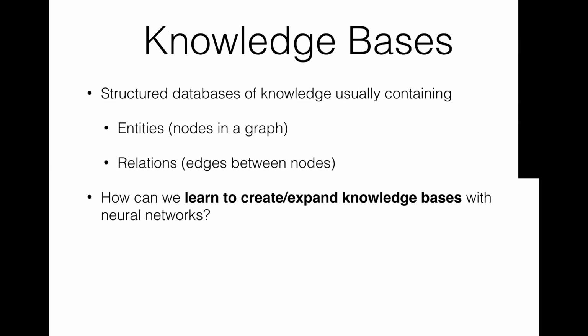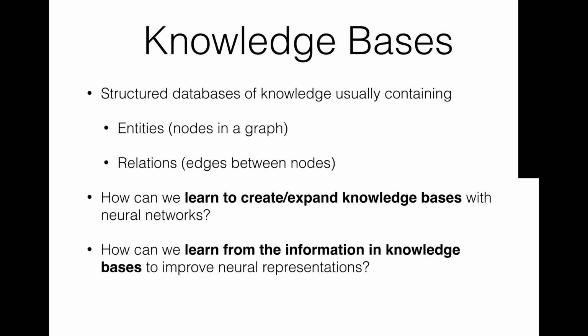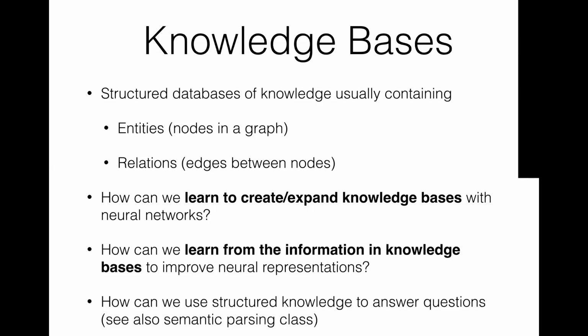First of all, given some information, how can we construct this kind of structured database? Another question is, once we construct or use some existing knowledge base, how can we use that information to improve the performance of NLP models or improve the neural representations that can later be used for NLP tasks? And optionally, I will also briefly mention how knowledge bases are useful for question answering.